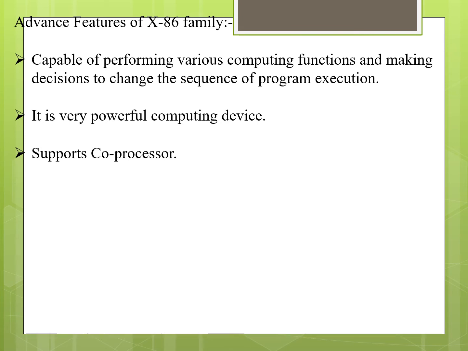It supports a coprocessor. When it supports a coprocessor, the coprocessor can be either external or internal. What is a coprocessor? It is a device which is used to perform trigonometric functions. We can also call it a math coprocessor. Internally means inbuilt inside the IC.